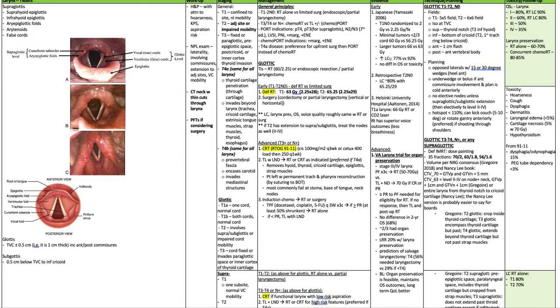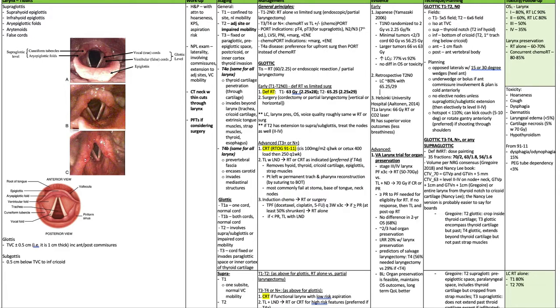T4a is the same for all larynx. It's thyroid cartilage penetration through the cartilage, and it invades beyond the larynx to involve the trachea, the cricoid, the extrinsic tongue muscles, the strap muscles, the thyroid, or the esophagus. T4b is the same for all larynx and involves either the prevertebral fascia, encases the carotid, or invades mediastinal structures.